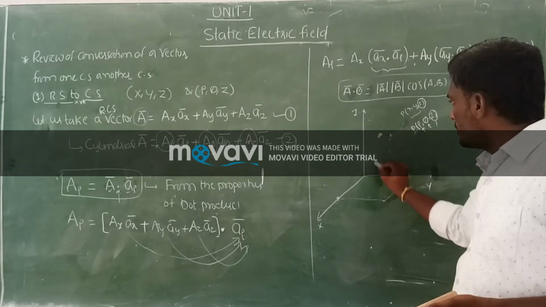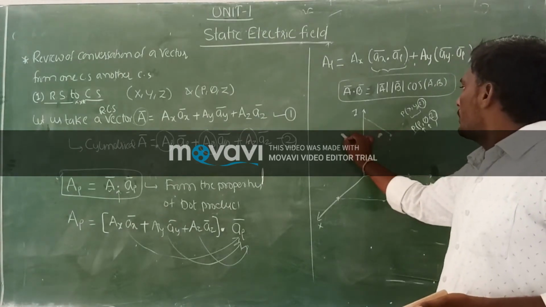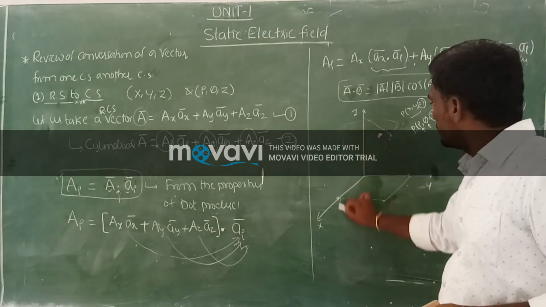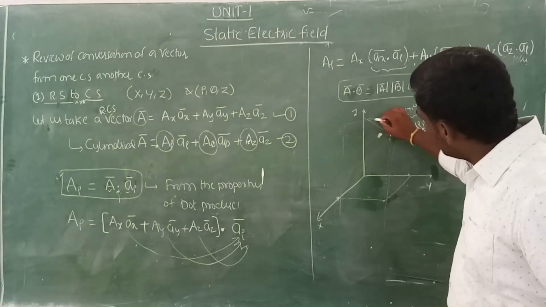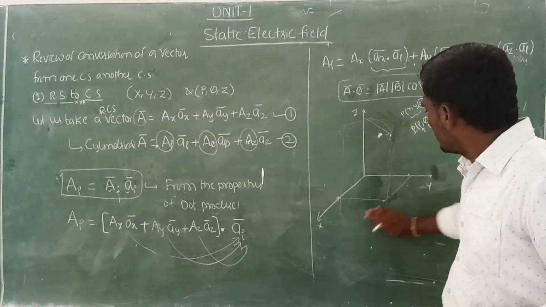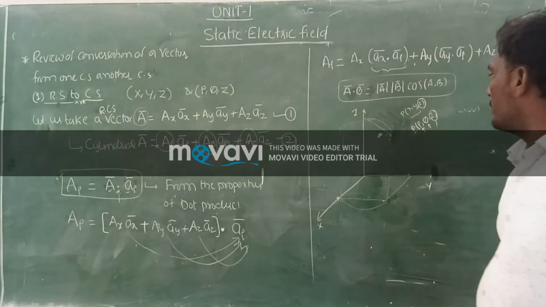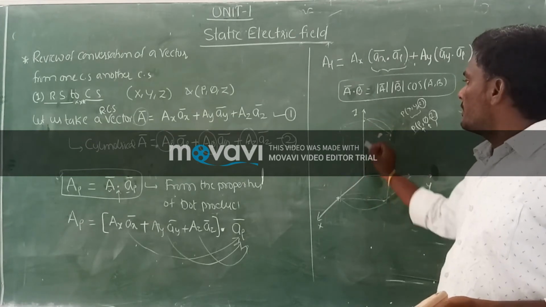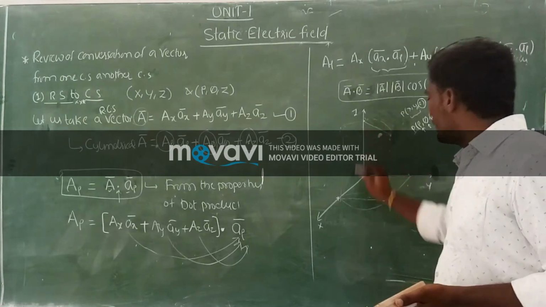So what is this length? You have your cylinder like this. From the center of the cylinder to the surface of the cylinder is called your radius.